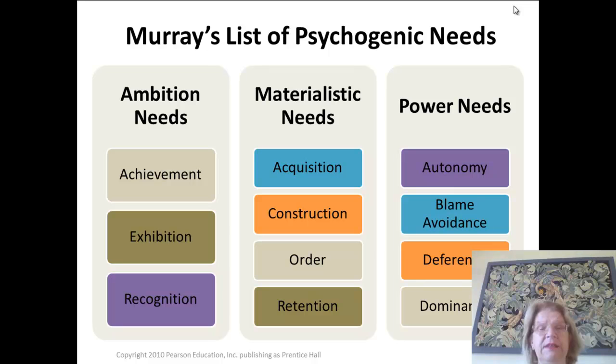This and the next slide provide a list of Murray's psychogenic needs. American psychologist Henry Murray, who was born in 1893 and died in 1988, developed a theory of personality that was organized in terms of motives, presses, and needs.